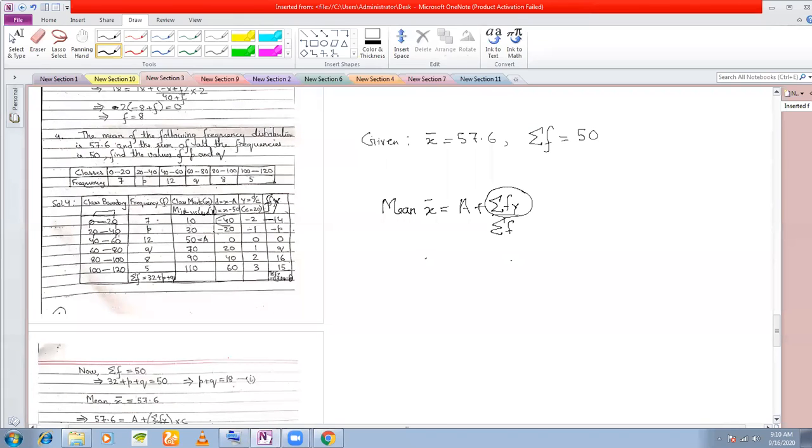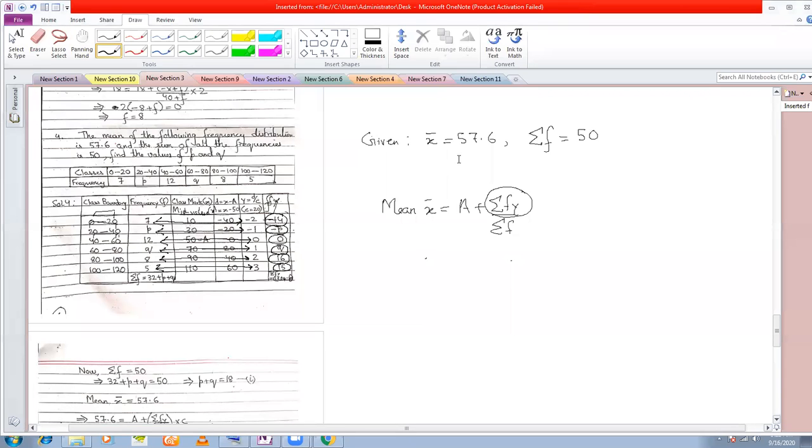For the first one, 7 into minus 2 gives minus 14. p into minus 1 gives minus p. 12 into 0 gives 0. q into 1 gives q. 8 into 2 is 16. 5 into 3 is 15. This is how you calculate each fy.